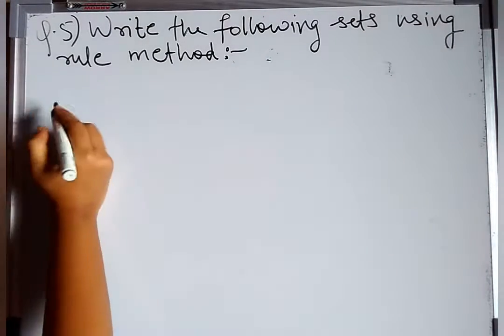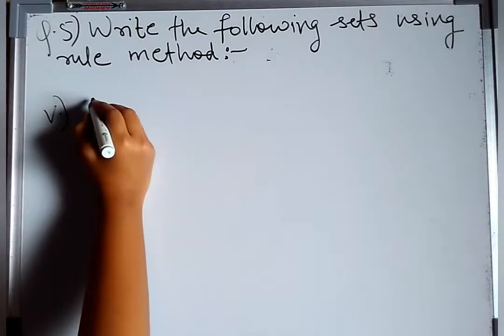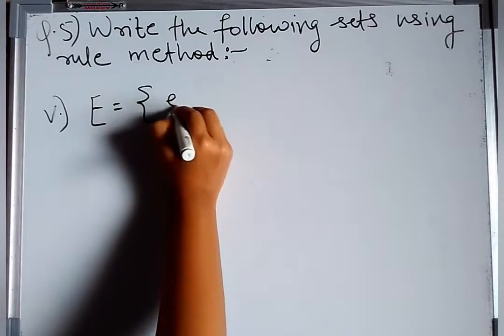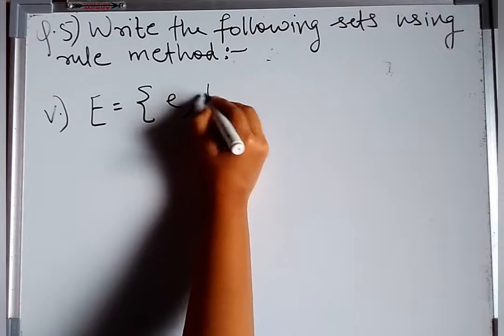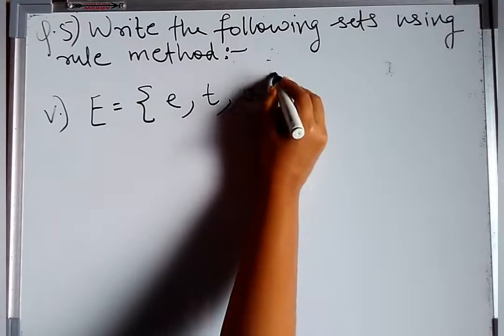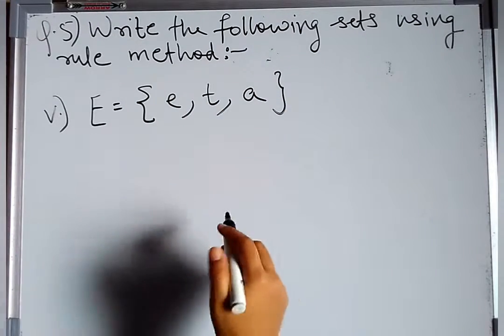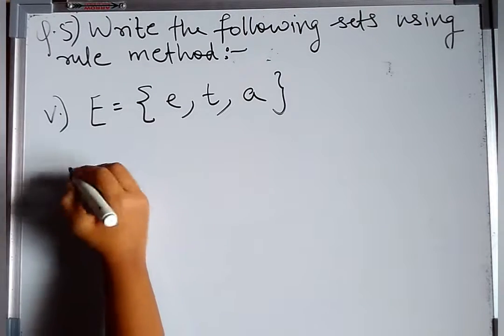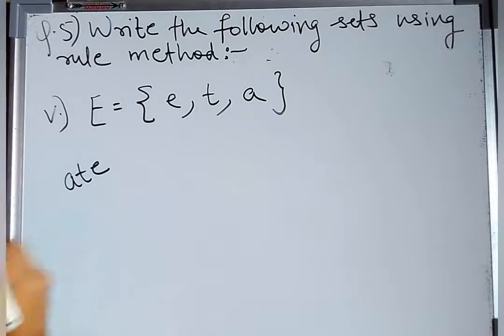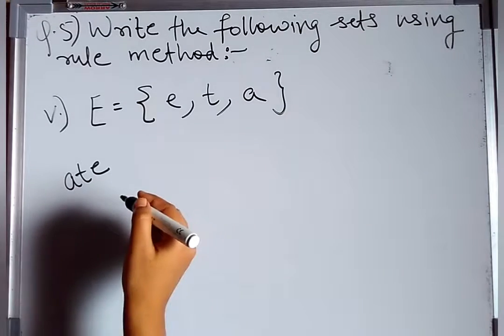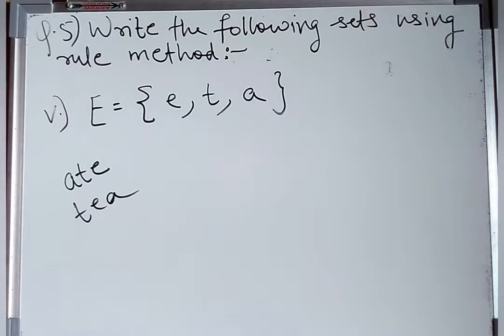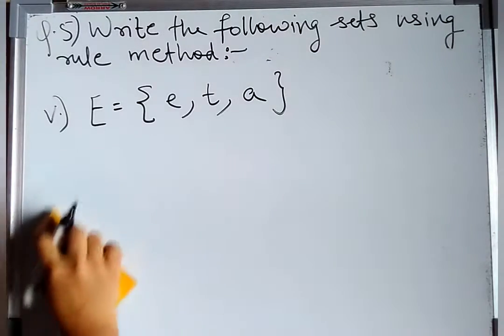Now one more question is, actually that question is also very simple, but still I will discuss it. It is saying a set with 3 letters. Okay, so what words can be formed using these 3 letters? One is, we can say ate. I ate an apple, right? Or it may be tea. Okay, so sometimes we can form more than one word.